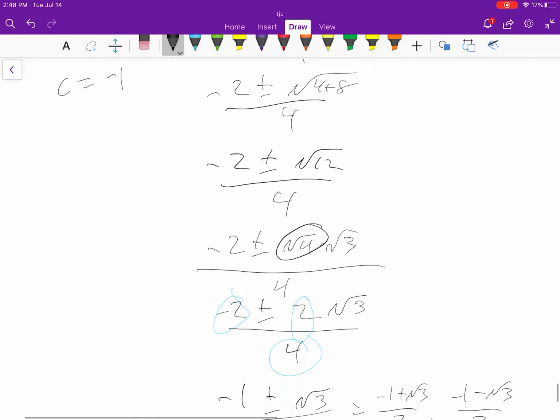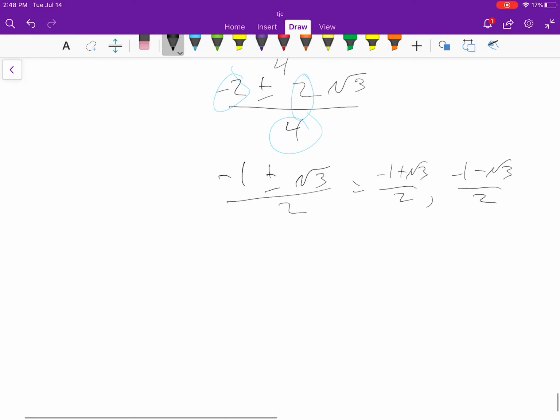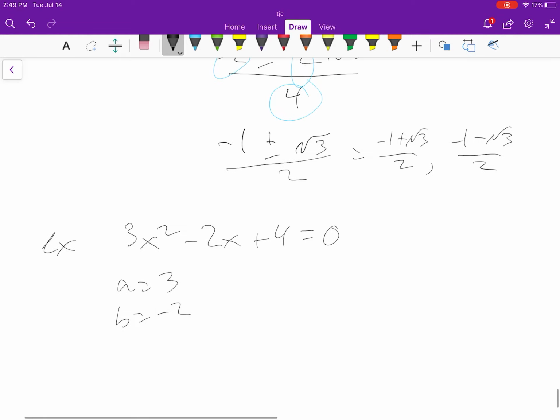Another quick example. Okay. Next example here. So here a equals 3, b equals negative 2, c equals 4.